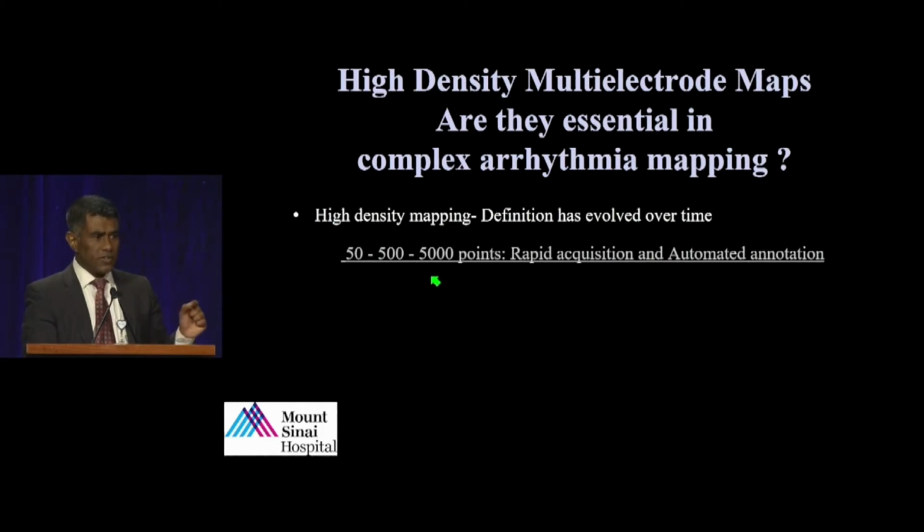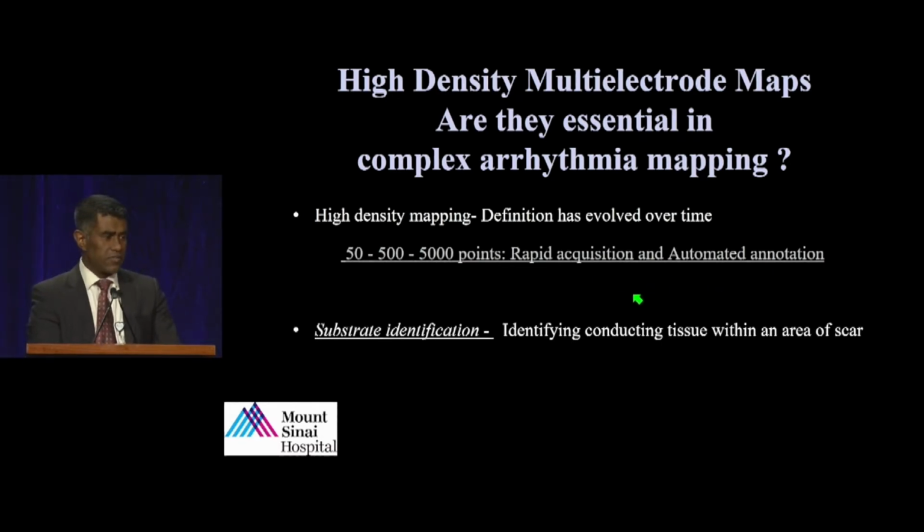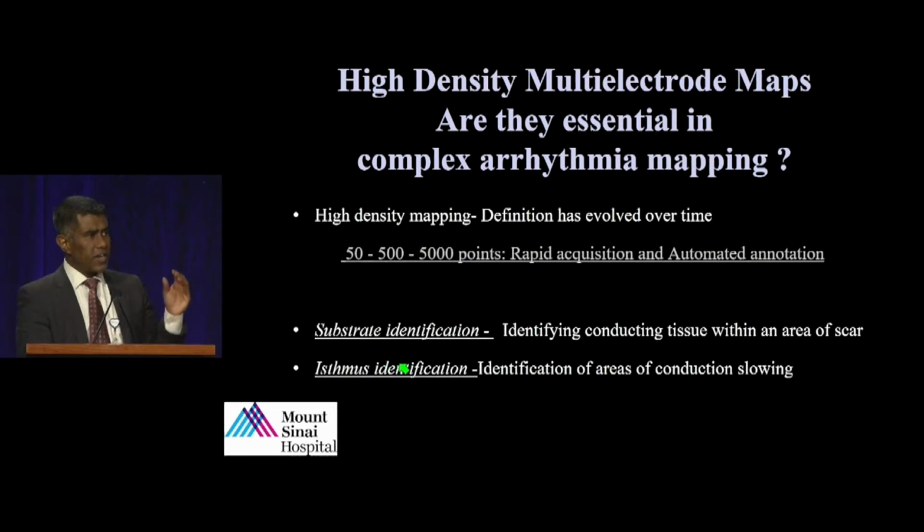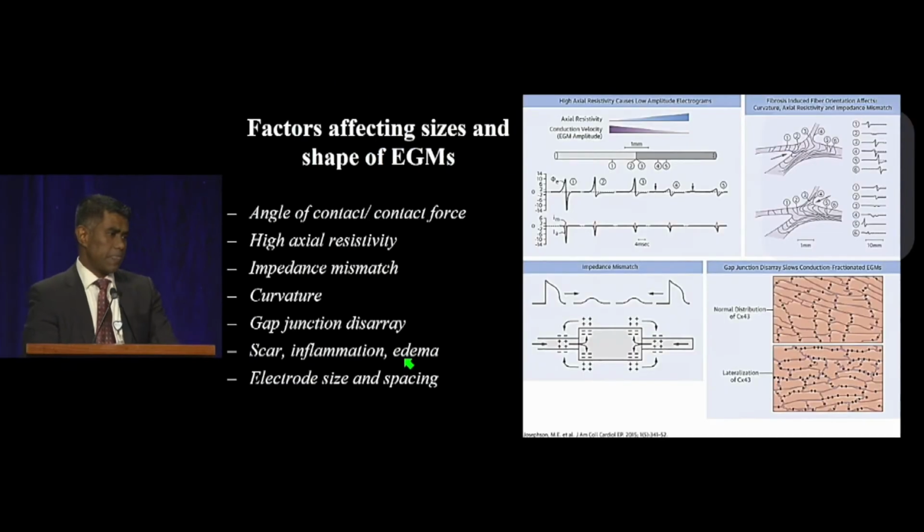But what is critical for success is to rapidly acquire these points and automatically annotate the EGMs. This allows us a unique combination of understanding simultaneously the substrate and drawing attention based on the substrate to isthmuses that allow us to ablate and terminate the arrhythmia with minimal RF, but with durable lesions.